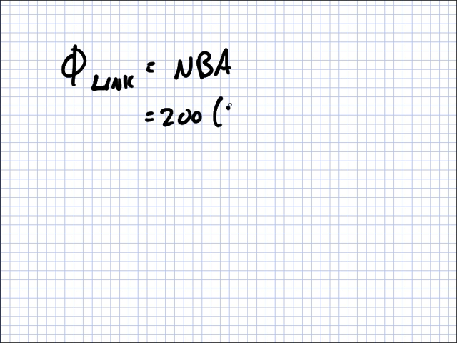A coil is wrapped around an iron rod of radius 10, 200 times. What's the flux linkage? So that's equal to NBA. The N here is 200, the B here is 3, and the A is pi times 0.1 squared.